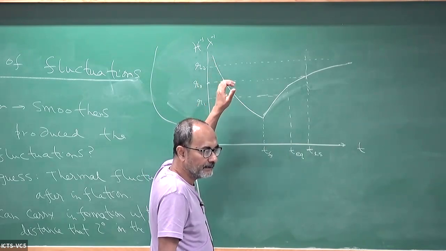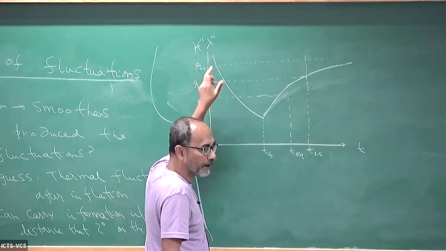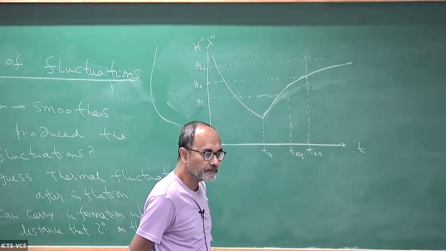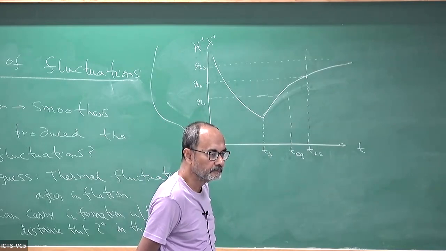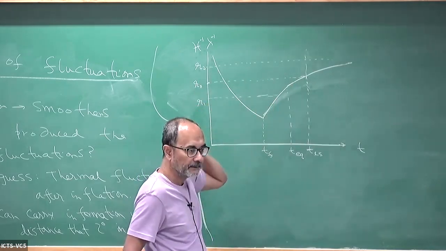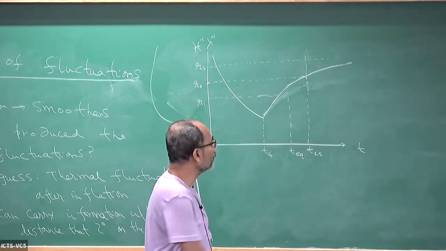Right, so that's what determines that this at least has to go above or not. The statement you're making here is that these fluctuations at R2 scale cannot be produced by anything in between those two times. Yes. Anything after inflation? Because you stop here, right?